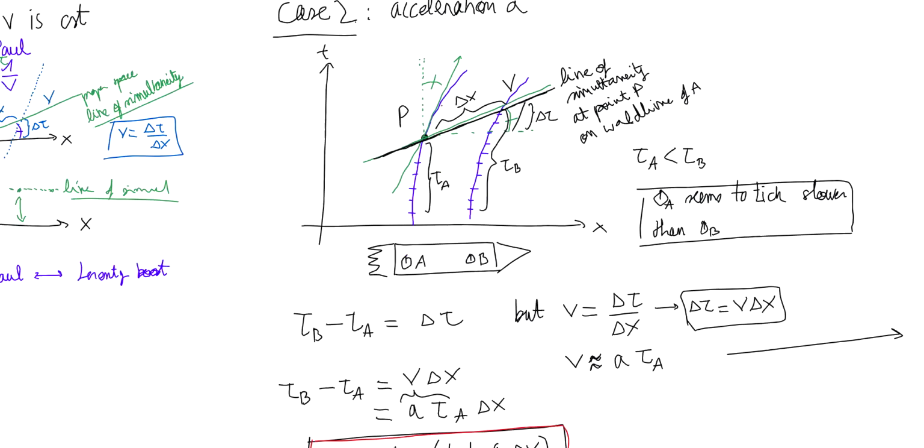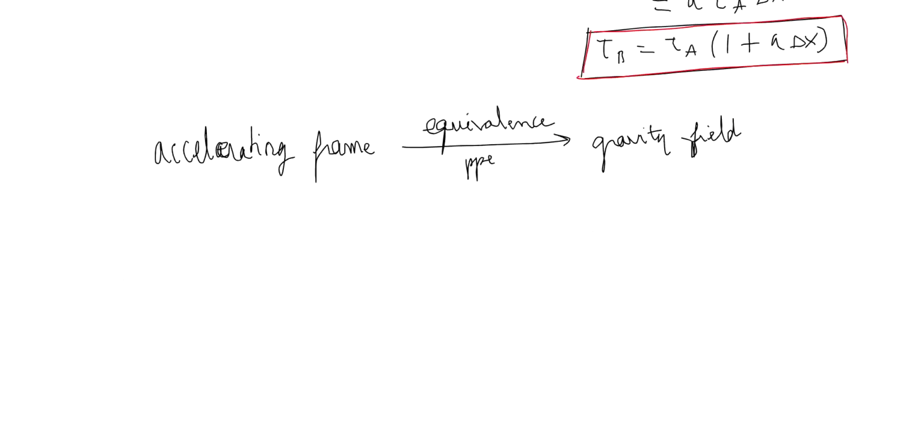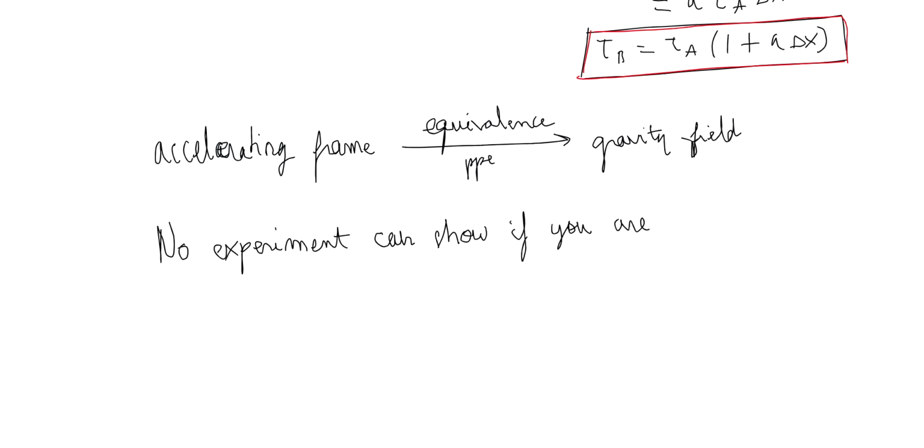So the equivalence principle holds for small enough regions of space-time and tells us that no physical experiment can show if you are in an accelerating rocket or on Earth in our case.